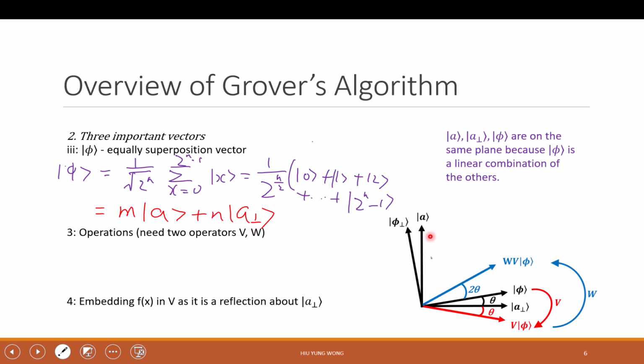But when you're very close to A, particularly when the size is large, you do a measurement, you have a very low probability to get A minus. Mostly you will get A. If you're unlucky, you get A minus, what do you do? You look at it, that's not what I want. Do it again. But you have very high probability the second time you will get A. Then you get what you want.